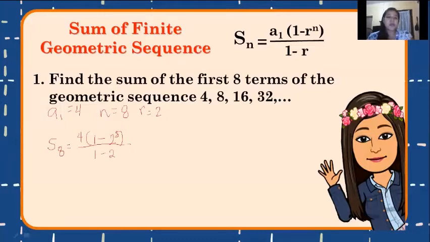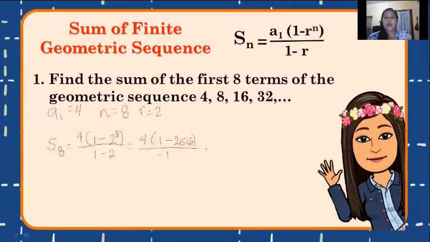So evaluating first our exponent, 2 raised to 8 is equal to 256. That means we multiply 2 eight times. So we will arrive with 256 all over 1 minus 2, and 1 minus 2 is negative 1.